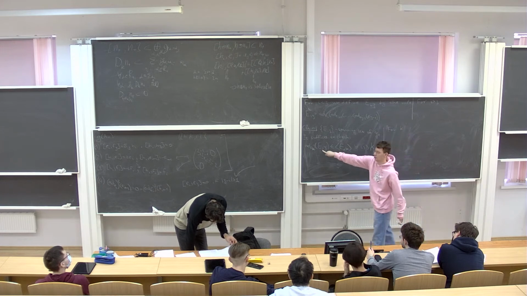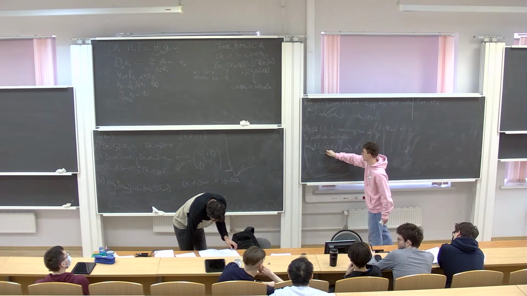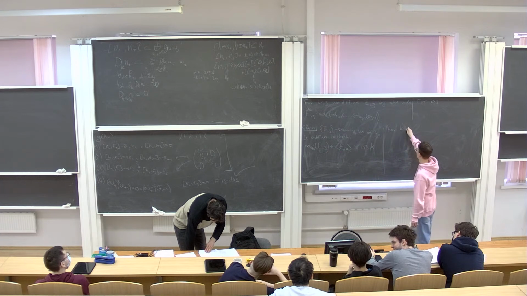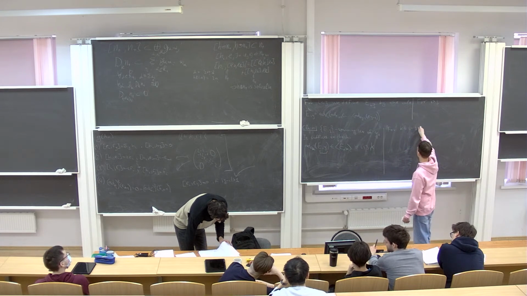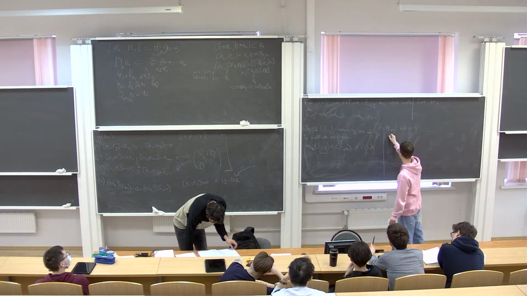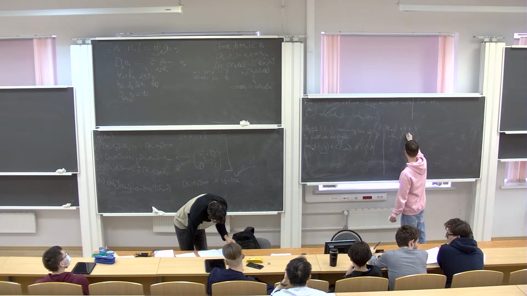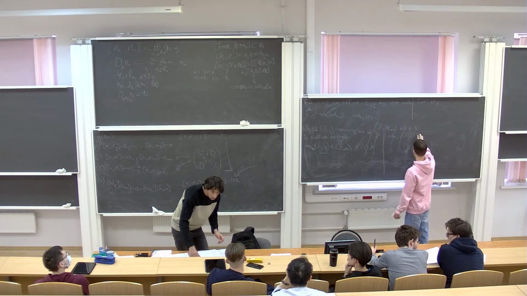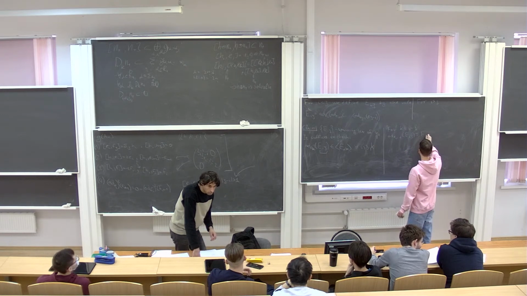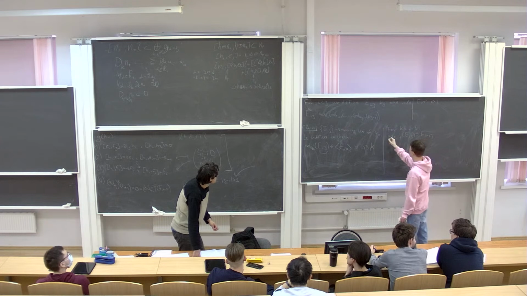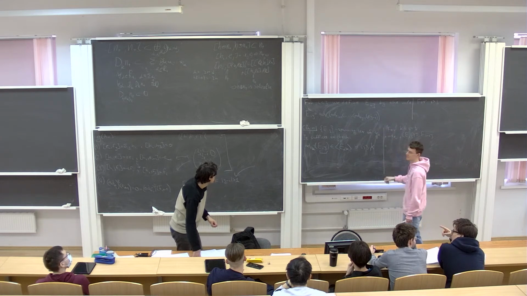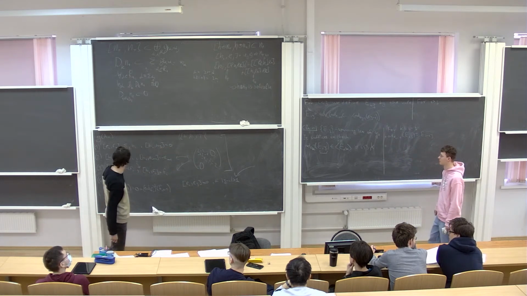For example, fix some element like this. Consider K, or equal, I don't know, we have by the definition. How do you check that there is nothing more than E_ij? Yeah, so you use this relation.